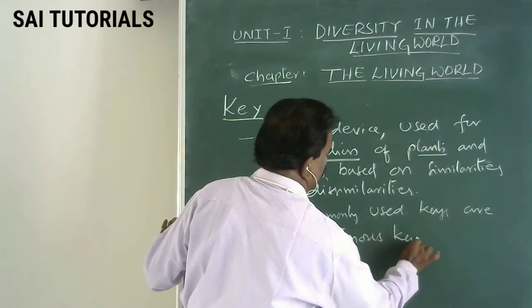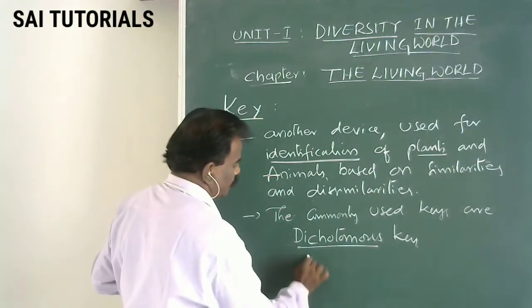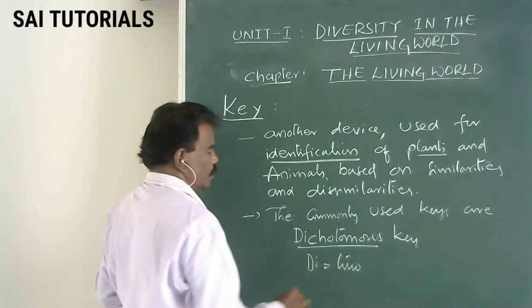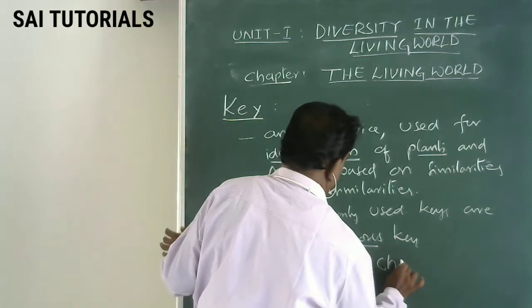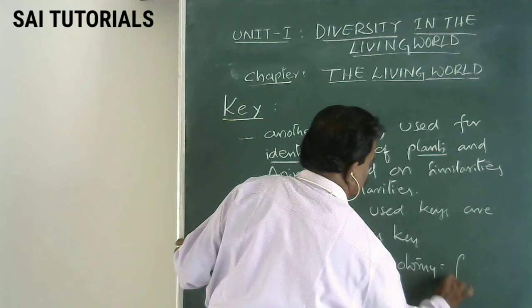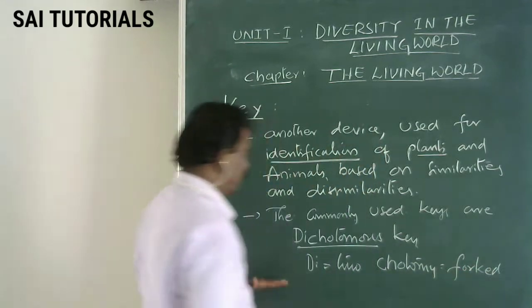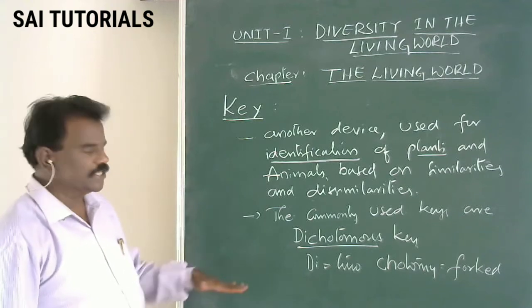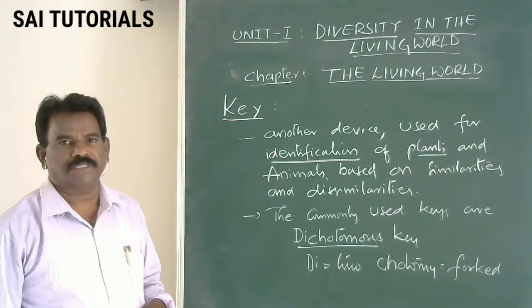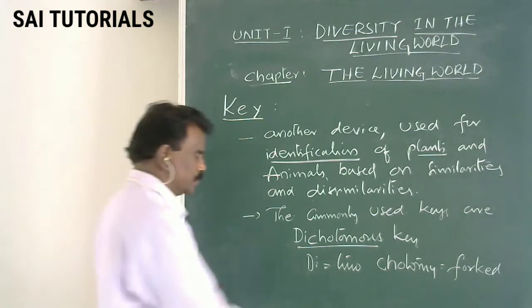Dichotomous key. See, di means two. Cotomy means forked. That means each step has two alternative forms.